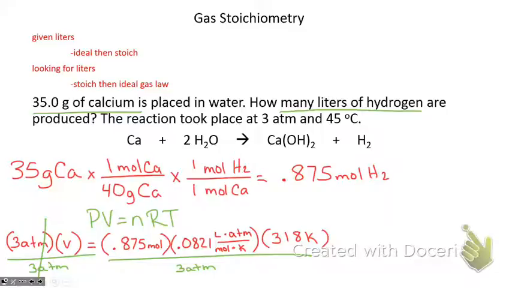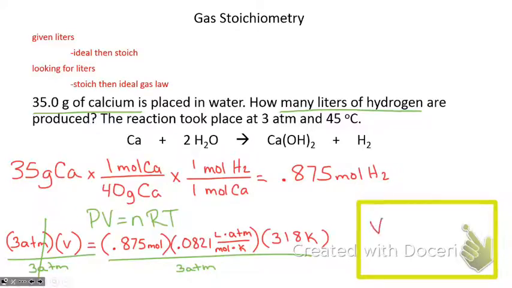You should end up with, for a final answer, I guess I'll just box it in over here, I'm running out of space, a volume of hydrogen gas at about 7.6 liters. It just depends, again, on how you round it for moles or how you round your final answer. It should be somewhere around there.